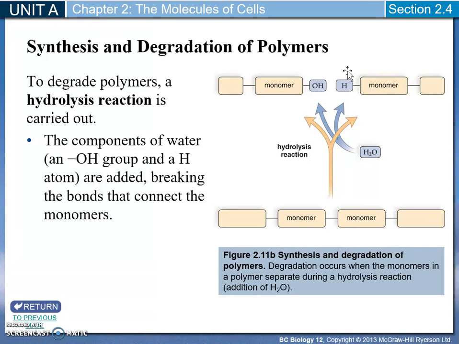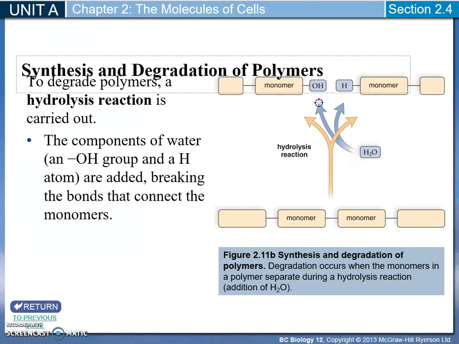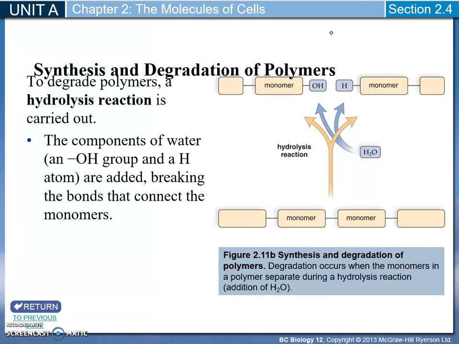To degrade polymers, in other words, to break up polymers into monomers, we have what's called a hydrolysis reaction. When the polymer breaks apart, you need to once again replace the hydroxyl group and the hydrogen. I'll just circle that again. Same sort of thing right here.